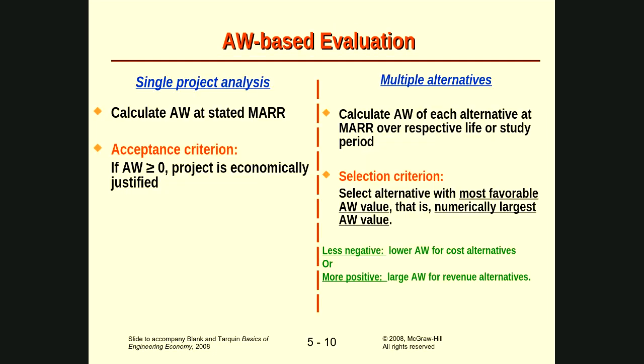for the other examples, which include more than one alternative. If you have a single project and you have to decide whether to go or no go with that project, you have to calculate the annual worth first, and if it is greater than or equal to 0, then you can say it is justified and you can go with that project.